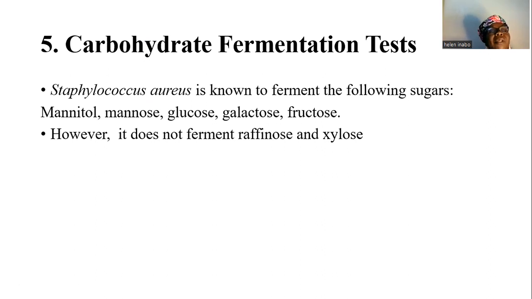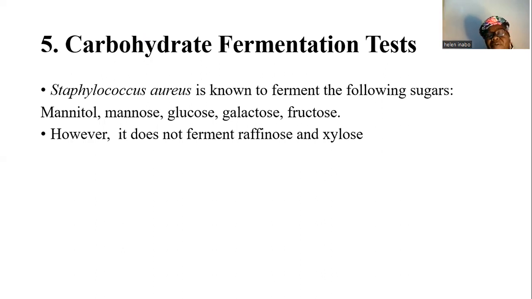Another test which can be done to identify Staphylococcus aureus is the carbohydrate fermentation test. Staphylococcus aureus is known to ferment the following sugars: mannose, glucose, galactose, fructose, and mannitol.